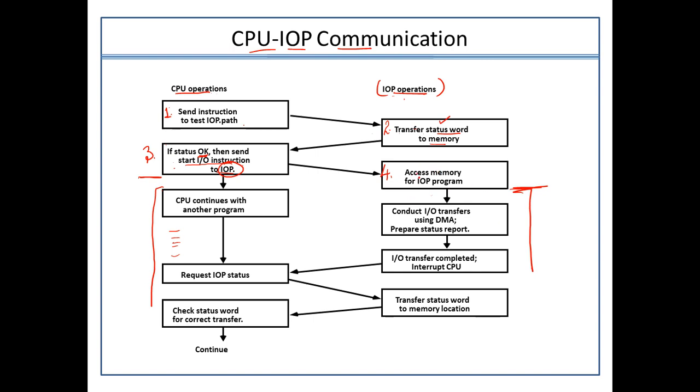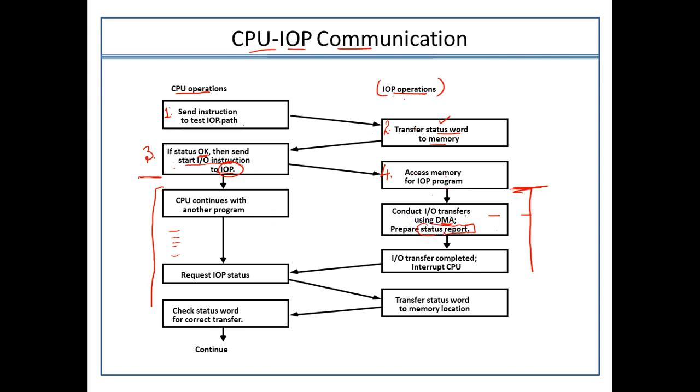So what will the IOP do? It accesses the memory for the IOP program, and then it will conduct the IO transfer using DMA. With the use of DMA, we can conduct the transfer of the data now, and it will also prepare the status report, because once the direct communication with the memory unit is done, the entire report, whether the communication was successful or not, has to be provided to the CPU.